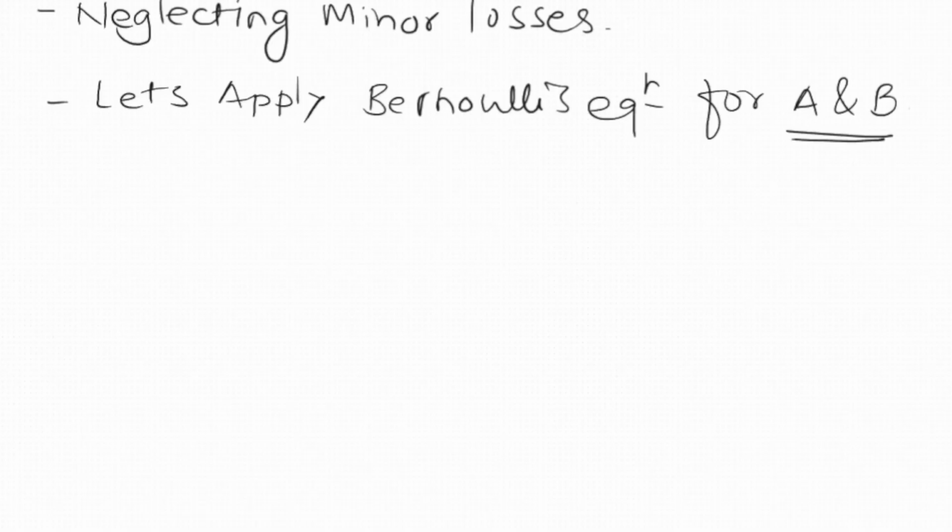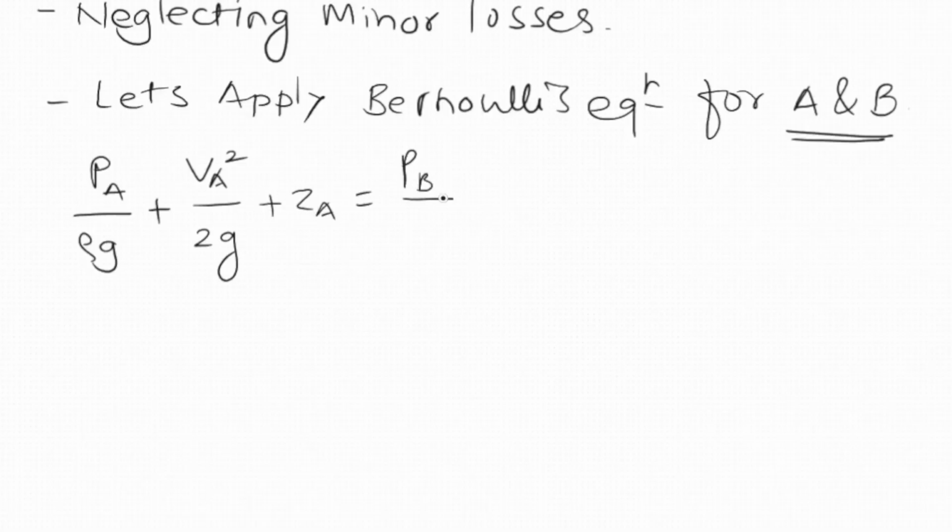For finding the pressure at the summit, we need to apply Bernoulli's equation to A and C. So let us apply Bernoulli's equation to points A and B. The equation is very simple: P A by rho G plus V A square upon 2G plus Z A is equal to P B by rho G plus V B square upon 2G plus Z B plus the losses.